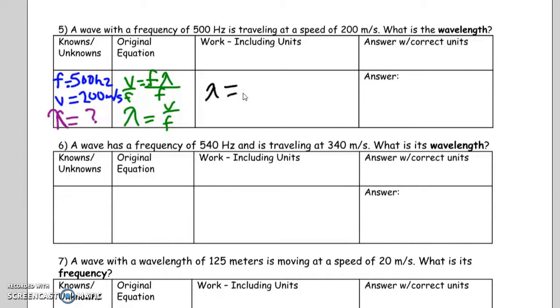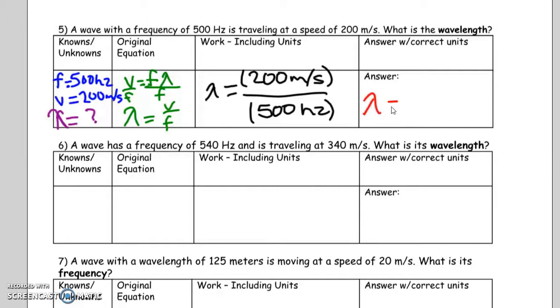Lambda equals 200 meters per second divided by 500 hertz. And I get wavelength is 0.4 meters.